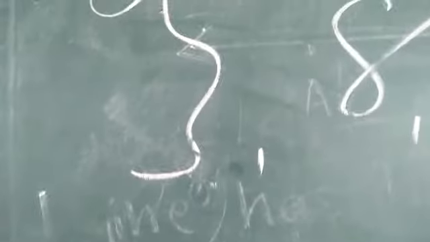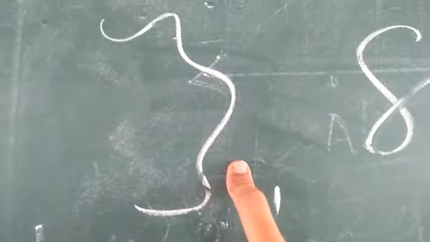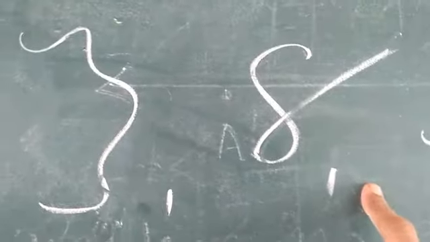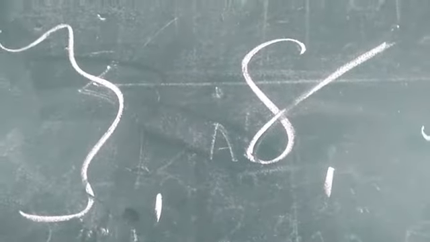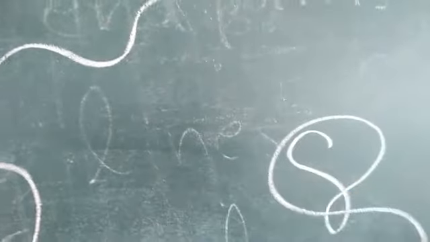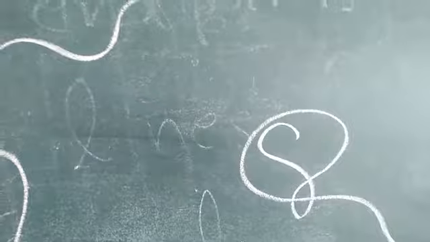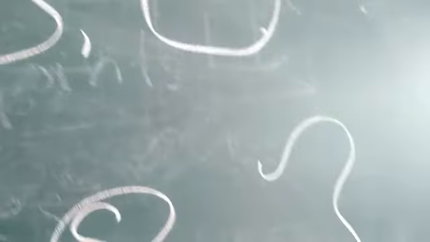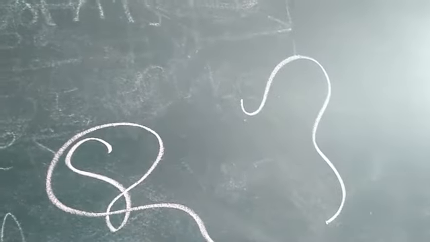Here this one is a simple curve, but this one is not a simple curve. You understood the meaning of simple curve? If we draw like this, they are not simple curves, but if it is drawn like this, it is a simple curve.